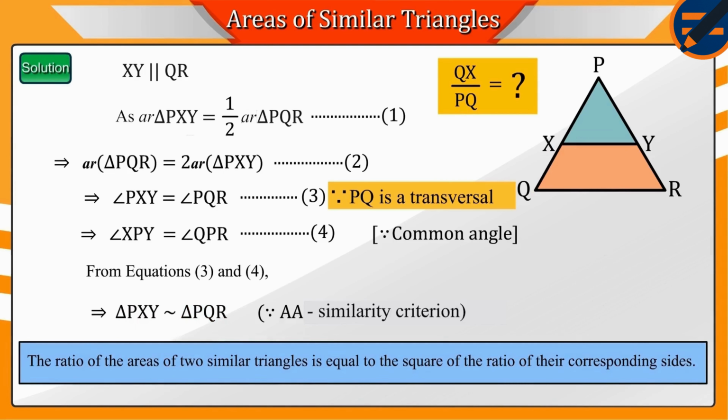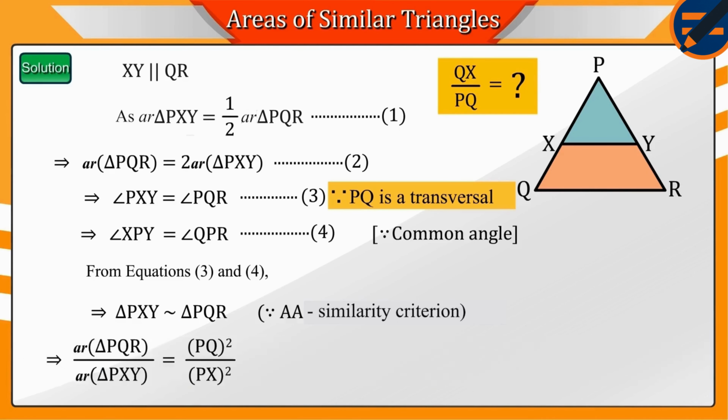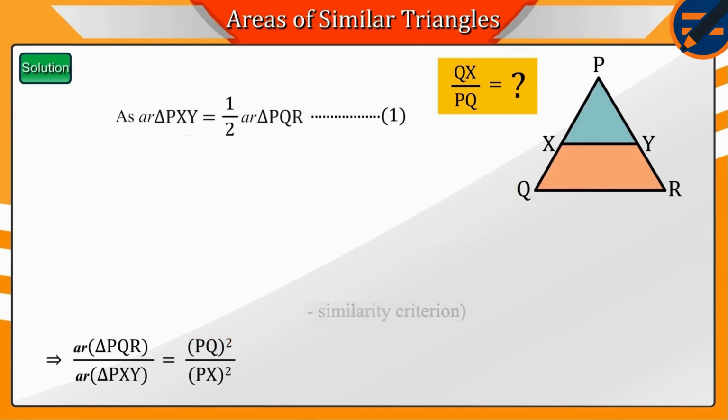Since we know that the ratio of the areas of two similar triangles is equal to the square of the ratio of their corresponding sides, hence, from triangles PXY and PQR, we see that the ratio of their areas will be equal to the square of the ratio of their corresponding sides PX and PQ.